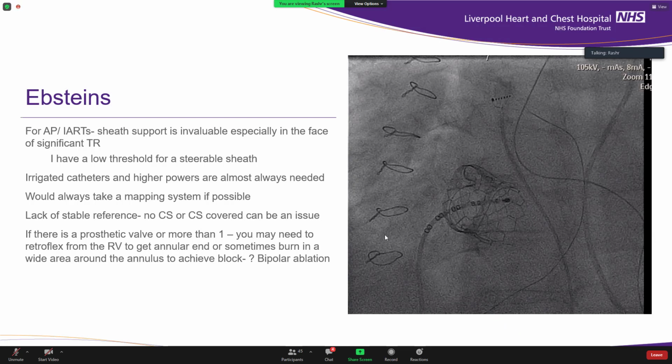And in this gent, I haven't got the picture of the ablation catheter, but he had a CTI-dependent mechanism, and as you can see, this sheer amount of metal and prosthetic valve material makes trying to take out the residual CTI quite difficult.